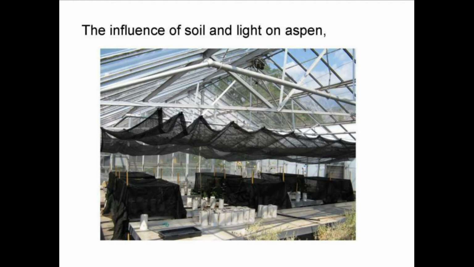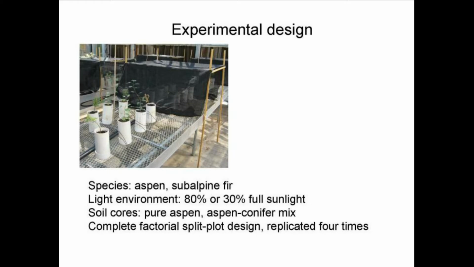This shade cloth is representative of what you would get in a pure aspen stand, and then the additional shade boxes are more representative of light environment in a mixed aspen conifer stand. And then we look at the growth and physiology of aspen and subalpine fir growing on these soil cores under these different light environments. And it's a complete factorial split plot design replicated 4 times.